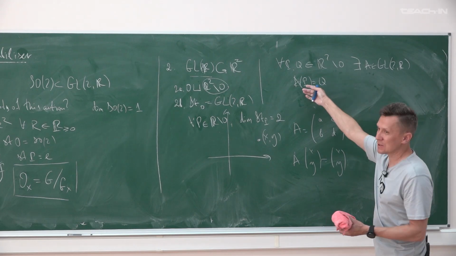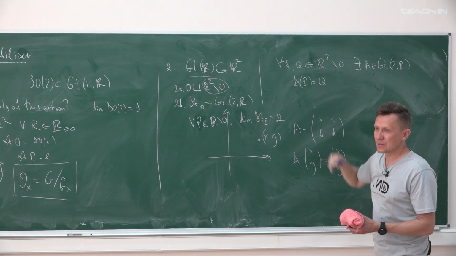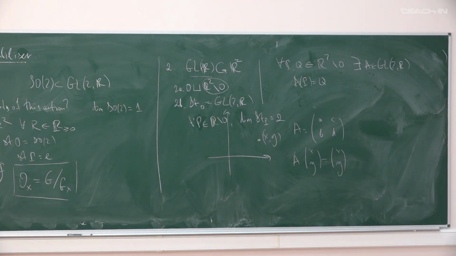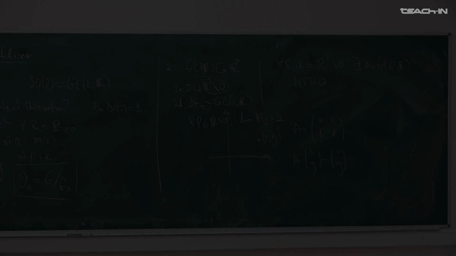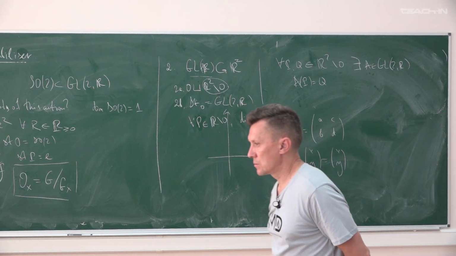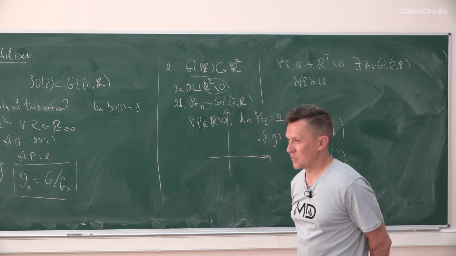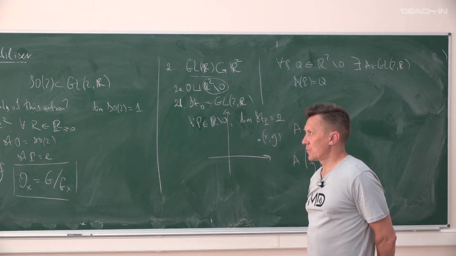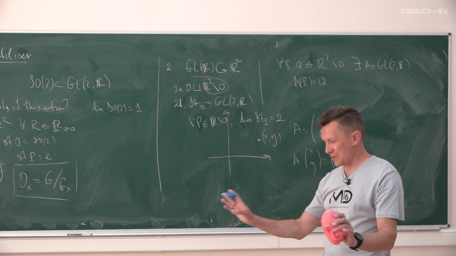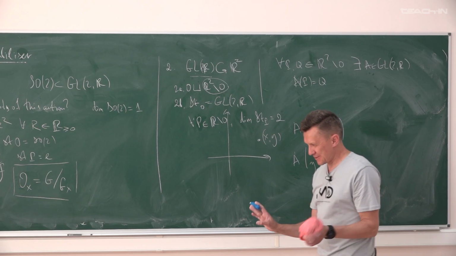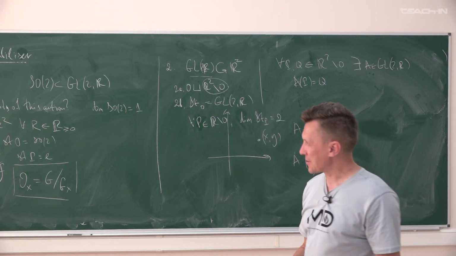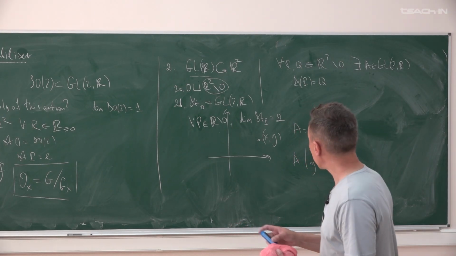The statement is written here, but we need a demonstration. So let's first think about A from the matrix group. We can write down an equation, fix the points, and so on. All means are good, but we need a strong mathematical demonstration of this fact.